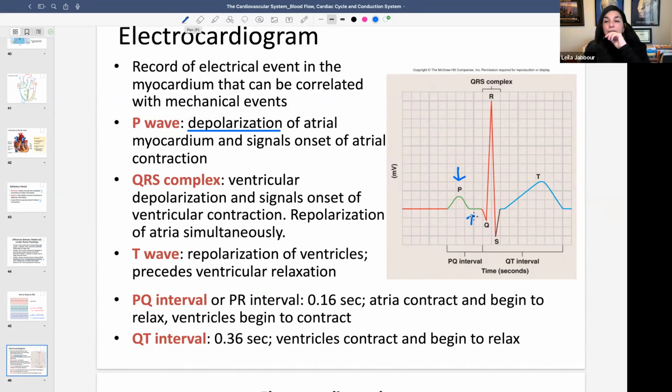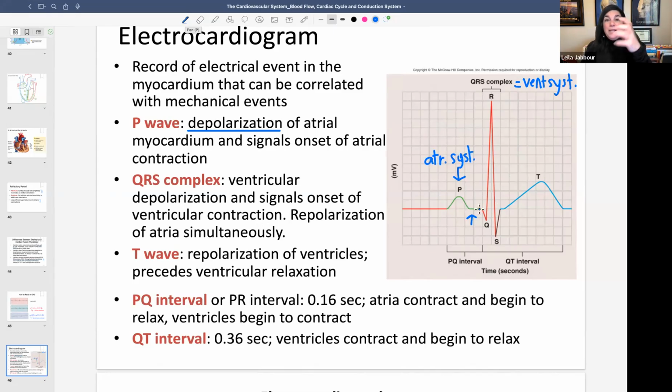And then there is a delay here before you have this QRS complex. QRS complex is the ventricular depolarization right here, which sets the onset of ventricular contraction. So we're going to have ventricular systole right there, and here it was atrial systole.